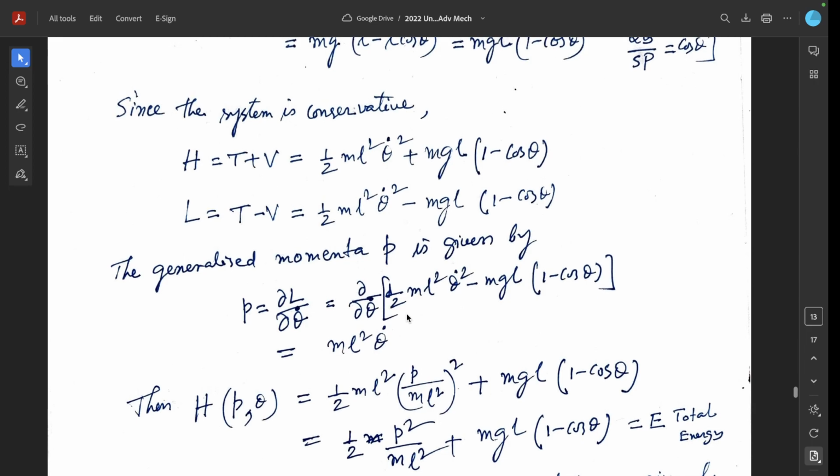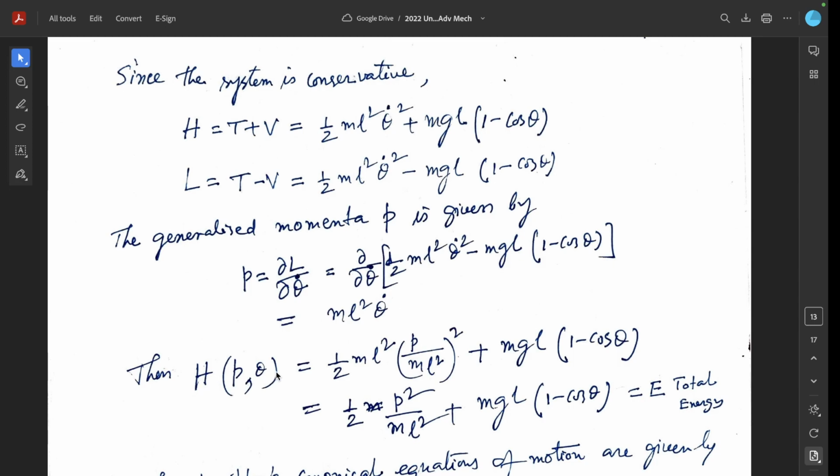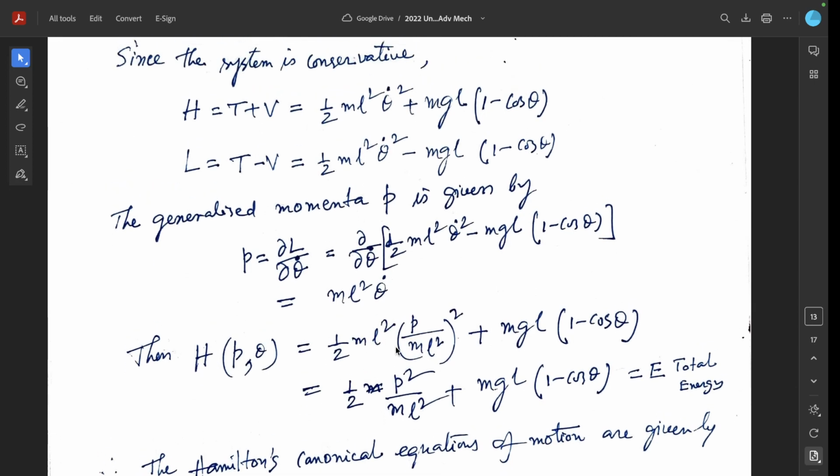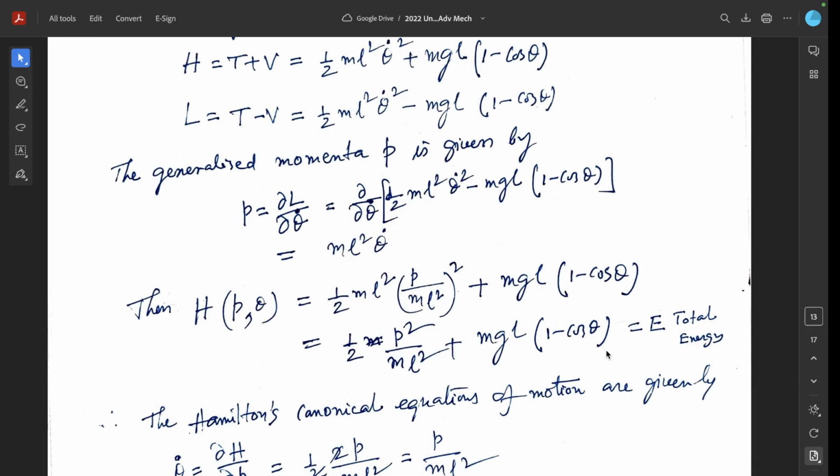Differentiating with respect to theta dot, half m l squared times twice theta dot, so P equals m l squared theta dot. Then H(P, theta) equals half m l squared times (P by m l squared) whole squared, plus mgl (1 minus cos theta). This is H, the total energy E.